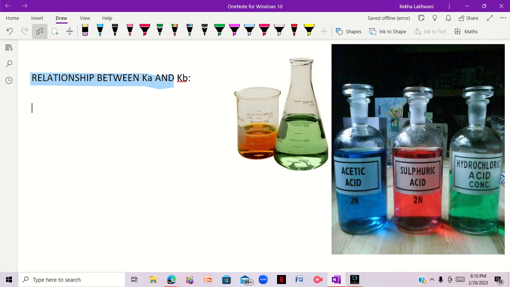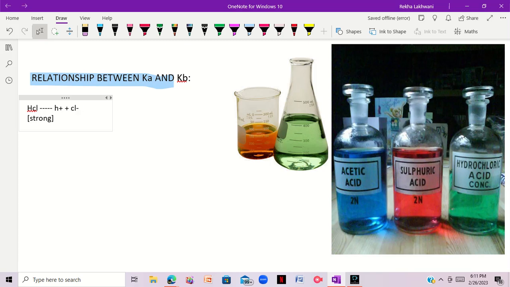For example, we have the equation HCl decomposes into H+ ions and Cl-, right? HCl is basically a strong acid, very strong. But this Cl- is obviously a conjugate base, and we have studied this in Bronsted-Lowry theory, right?